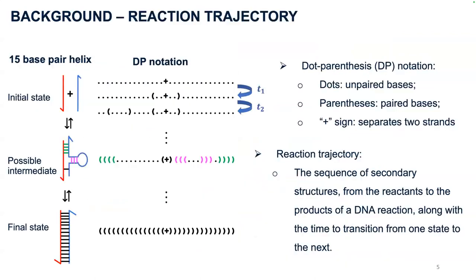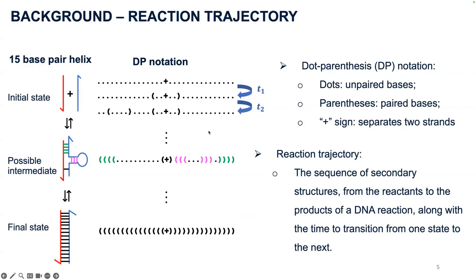Before I talk about the reaction trajectory, let me first introduce a concept called the dot-parenthesis notation. We are using this notation to represent a secondary structure. Each dot refers to a base, and the open and closed parentheses refer to a base pair, and this plus sign separates two different strands.